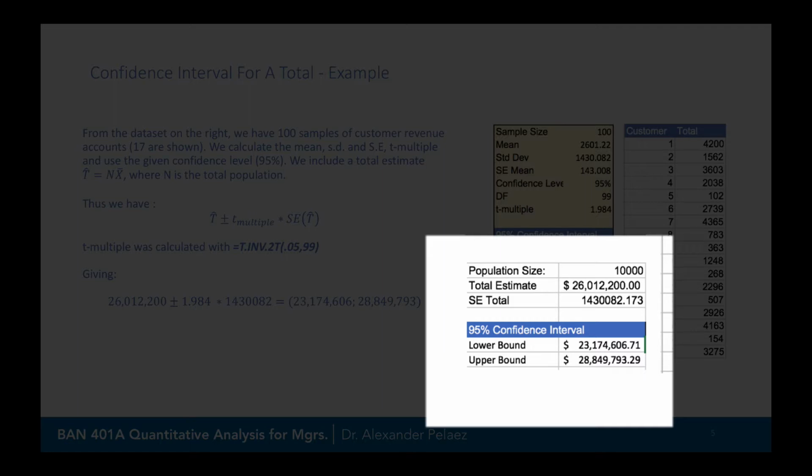Our standard error total, which we calculated, is going to be 1430082. Now when we do this, we're going to create a 95% confidence interval for the total. That's what is on the bottom. The 95% confidence interval in the yellow box would be the confidence interval for the mean itself, but we've extended this to include the total.